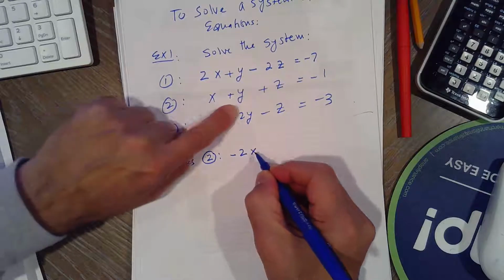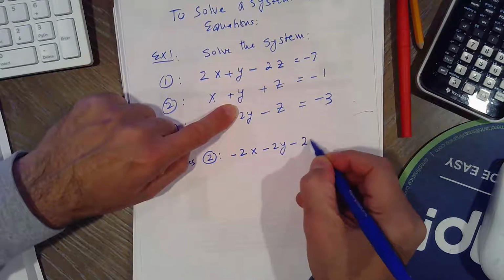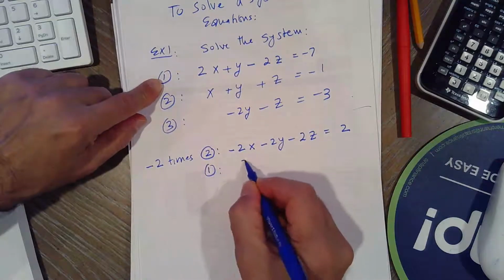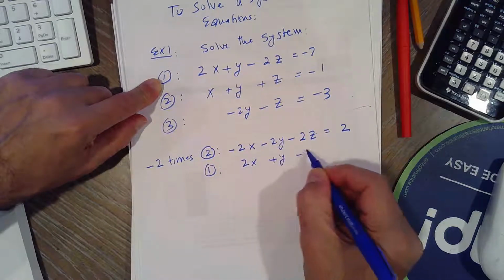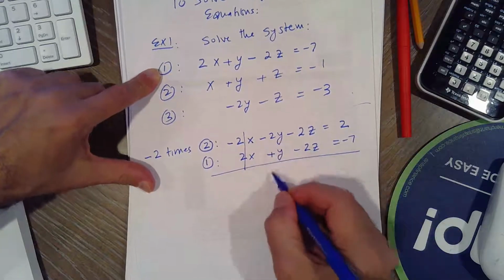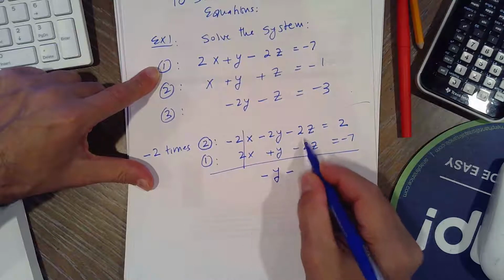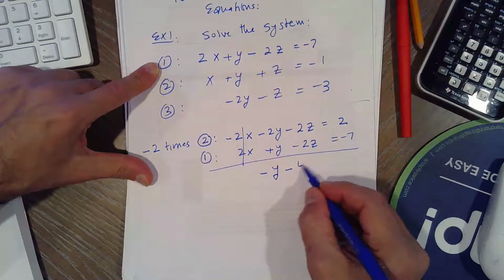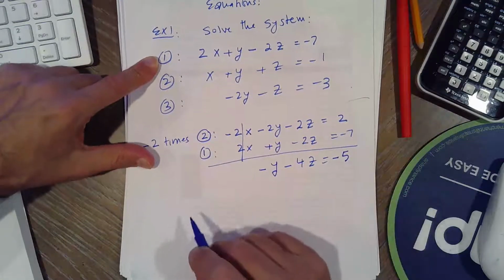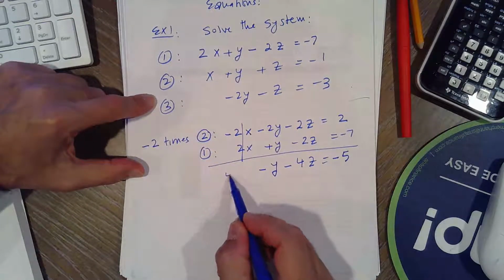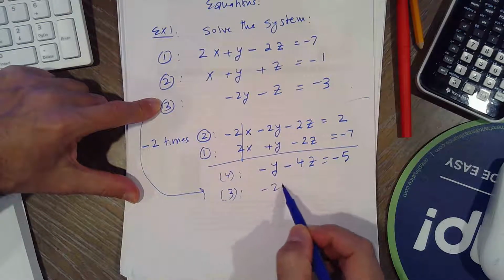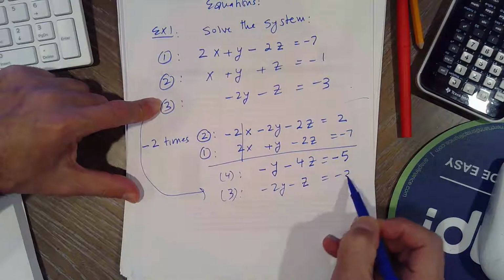Negative 2 times x, negative 2 times y, negative 2 times z, negative 2 times negative 1, and then we're going to bring down equation 1 as is, minus 2z equals negative 7. So negative 2y plus y is negative y, negative 2z minus 2z is minus 4z, 2 minus 7 is negative 5. This is going to be equation 4, and then bring equation 3 down, negative 2y minus z equals negative 3.